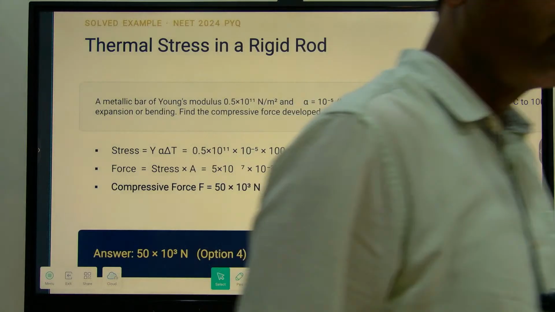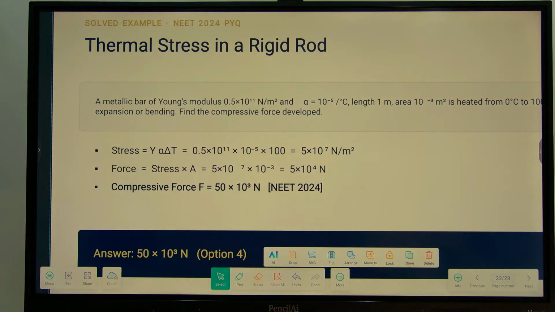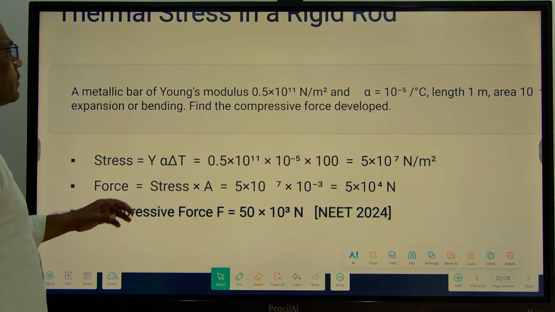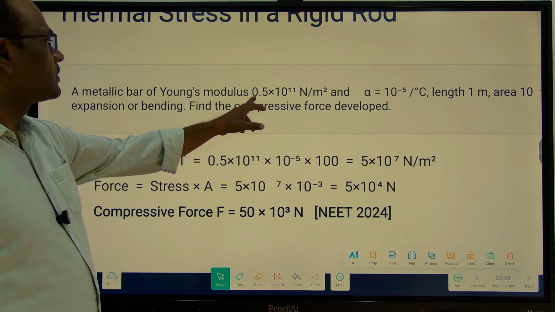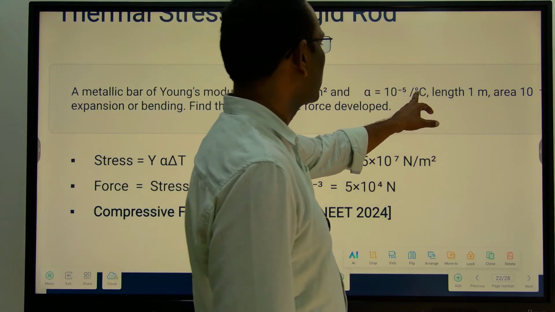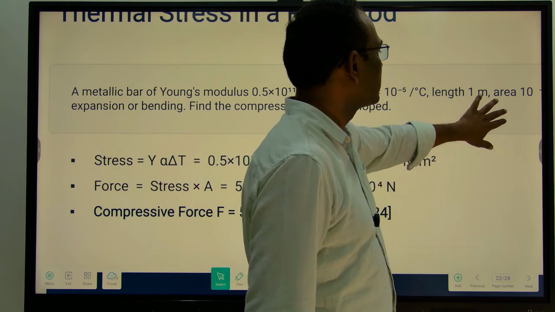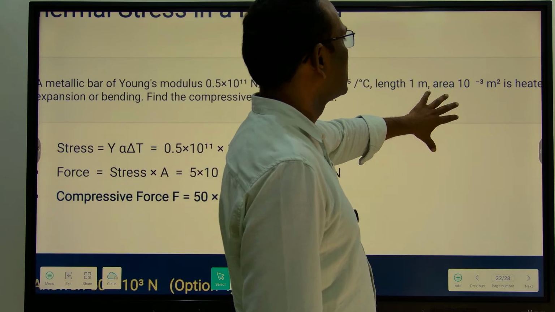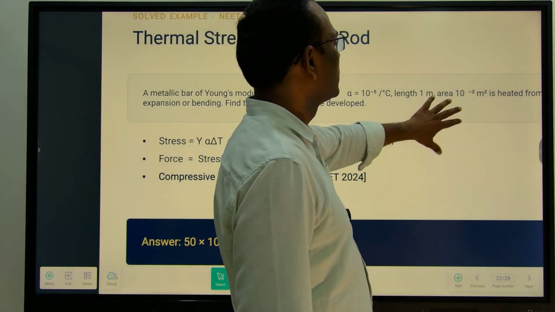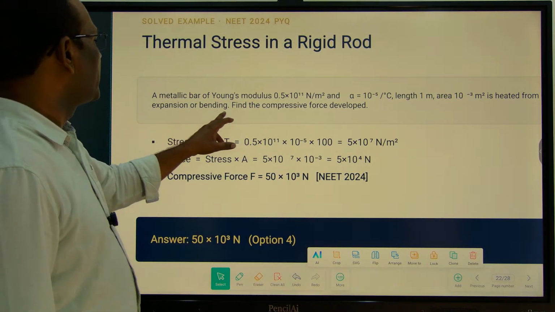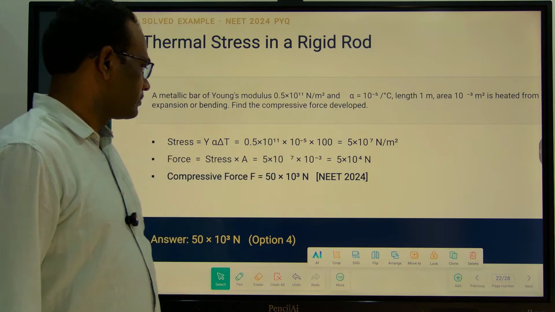A metallic bar of Young's modulus 0.5 into 10 power 11 Newton per meter square and alpha value 10 power minus 5 per degree Celsius, length 1 meter and area 10 power minus 3 meter square is heated from 0 to 100 degrees Celsius, preventing expansion or bending. Find the compressive force developed.